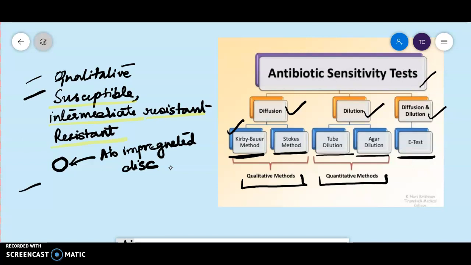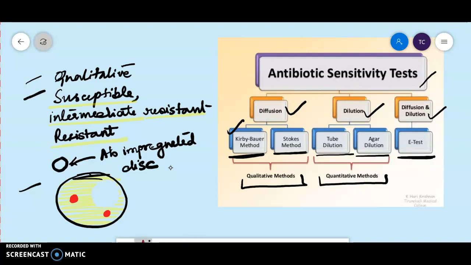And you know that a known quantity of bacteria are grown on the agar plate. So if I take an agar plate, you allow a confluent growth of the bacteria onto your plate, and then you have to put this disc. Suppose this is your antibiotic disc, you put the disc on the plate. If the bacteria are susceptible to the particular antibiotic, there is a zone of clearance all around the antibiotic.